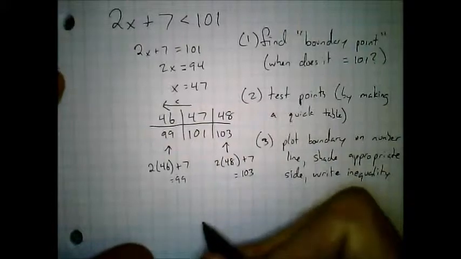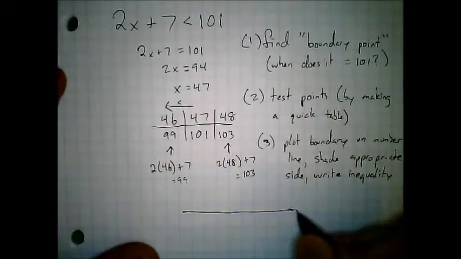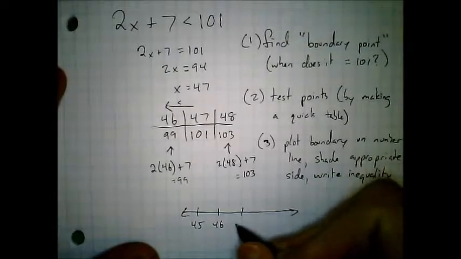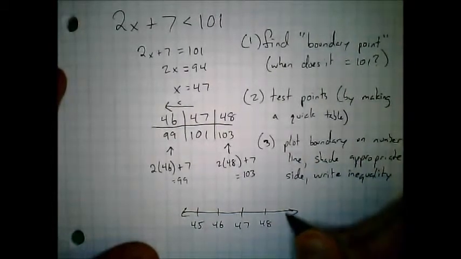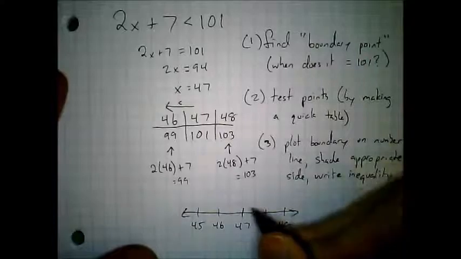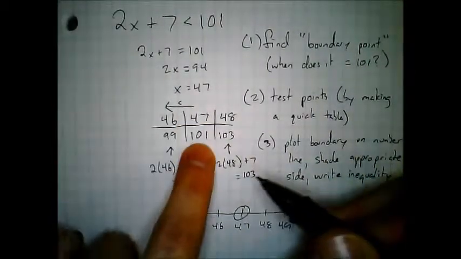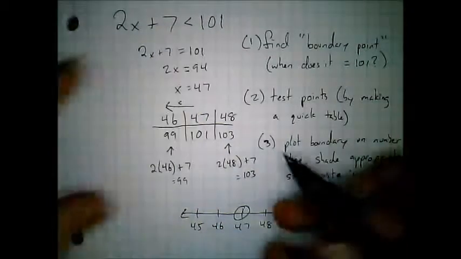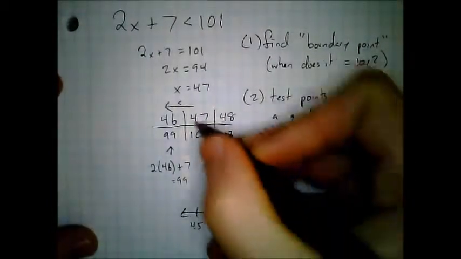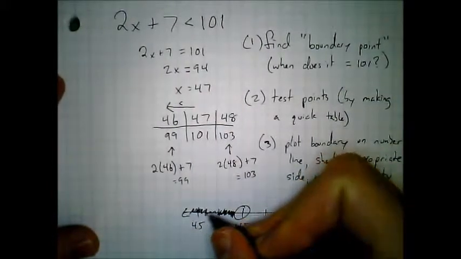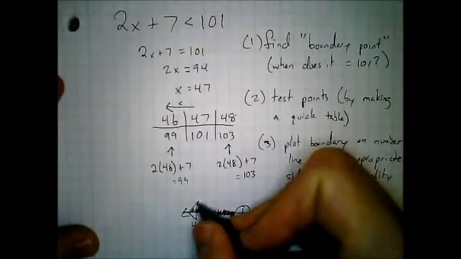So we center our number line around our boundary point. So that's 47. We know that it's less than 101 before, because we found that in our table, and we want less than, so we go to the left.